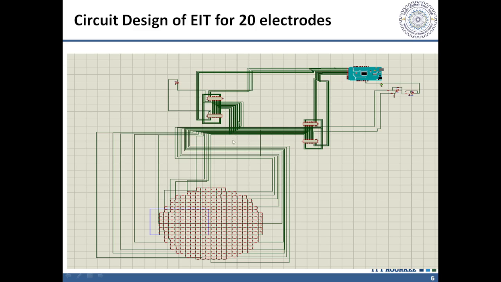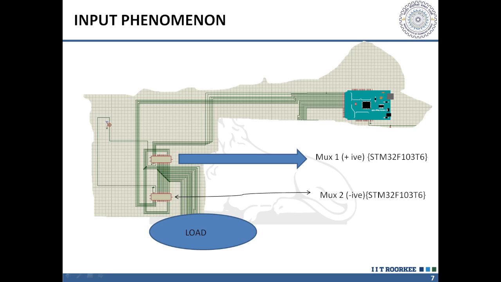One by one I will explain how the input phenomena have taken place, as well as the output phenomena. In the next slide, this is the input phenomena. I have put a load here because I have less space, so I cannot put the previous load screenshot here.